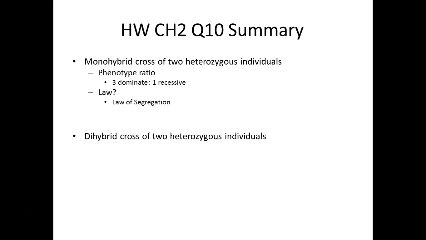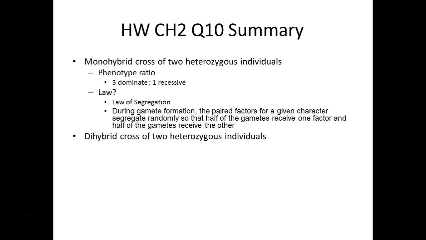Law of segregation, which states that during gamete formation, when we make our gametes, we randomly pick between the chromosomes which ones we're going to give our kids. And we divide everything that we got from our parents in half to give to our kids. But you don't give, say, all the chromosomes you got from your mom to your children. You give a random mixture that you got from either one of your parents to your children.